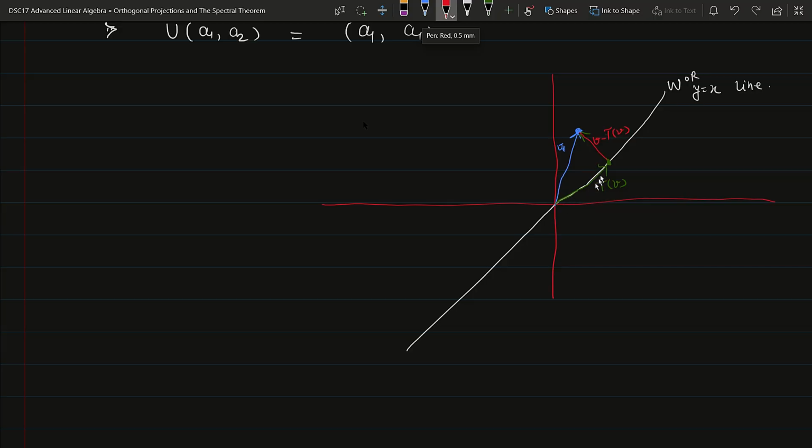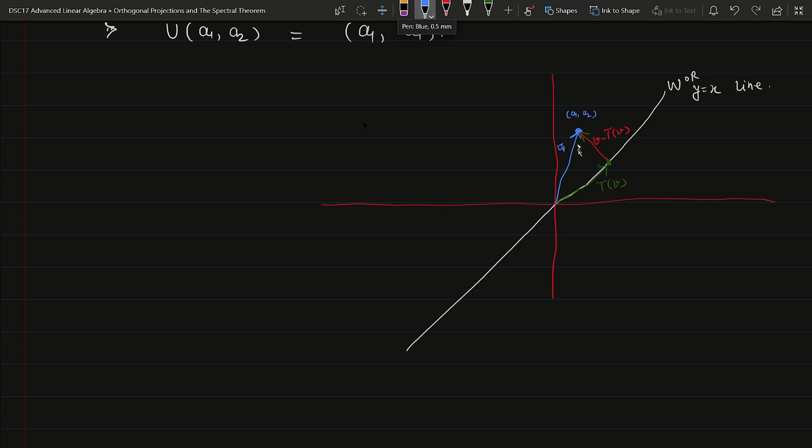If we have this V, we have to bring a perpendicular from here, and whatever foot that perpendicular makes, that foot is the T image of this V. Now what about the U image of this V? You can see if this is the V, then it has some coordinate like (a1, a2).